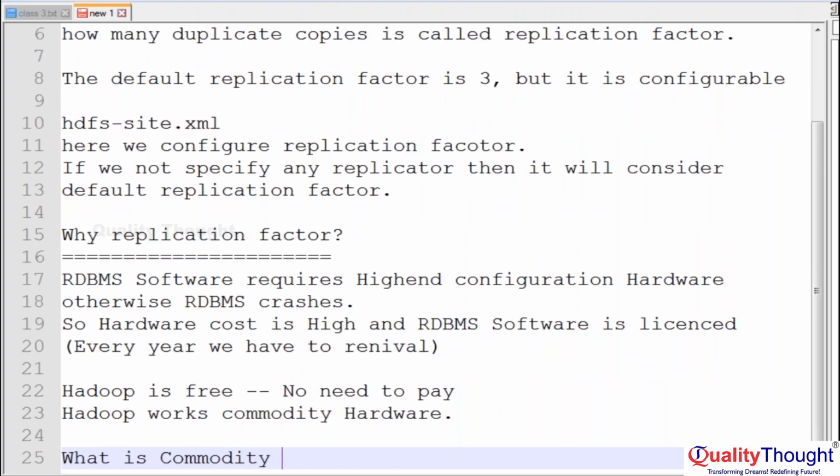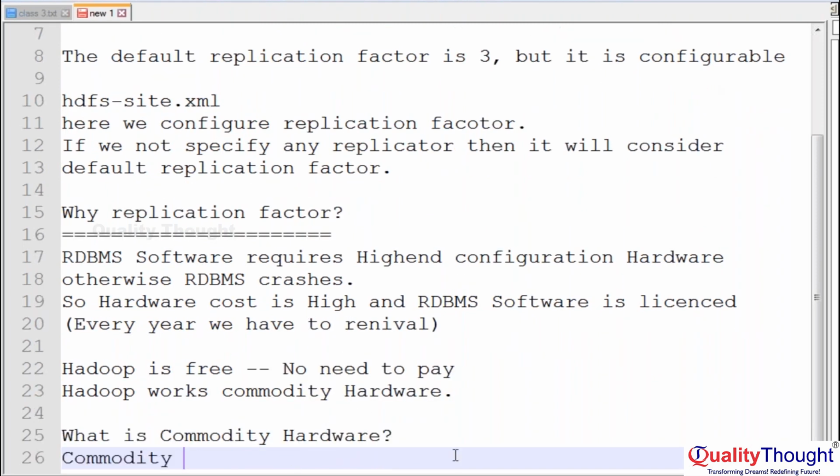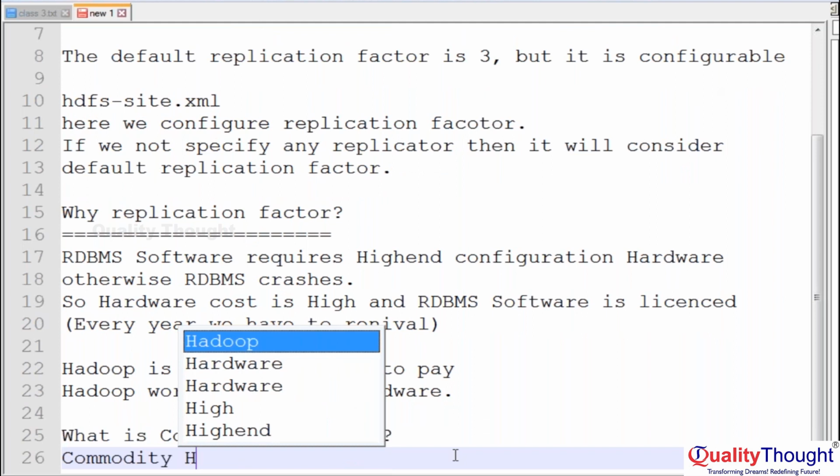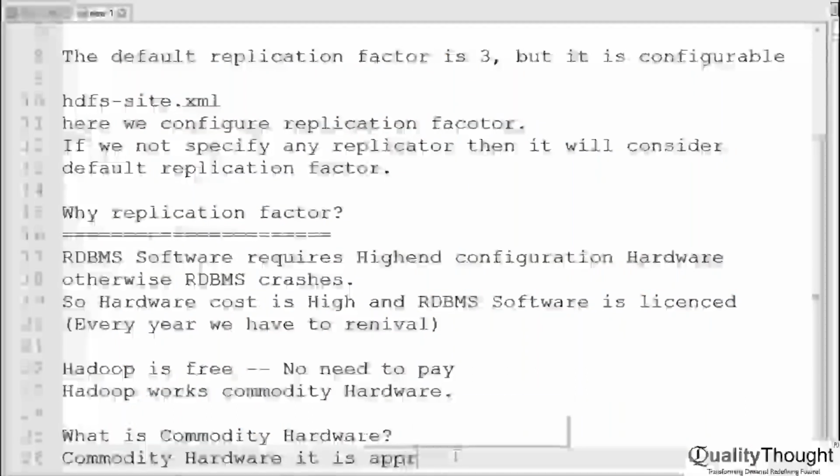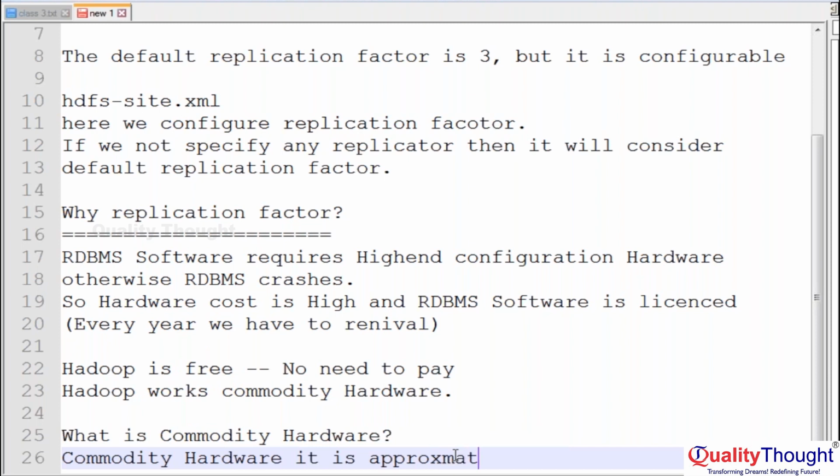What is commodity hardware? Commodity hardware is normal hardware. Its cost is approximately 20 times less than server hardware.